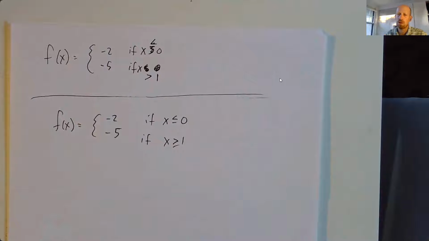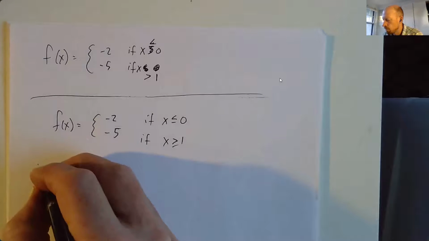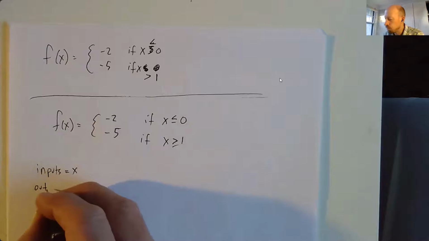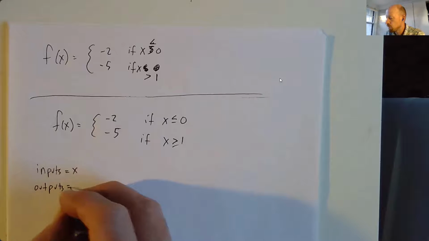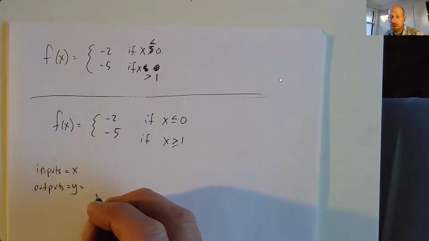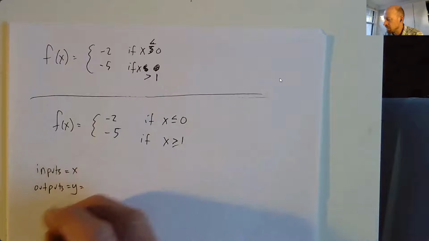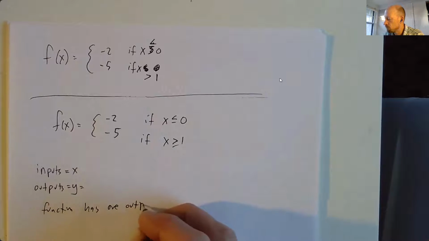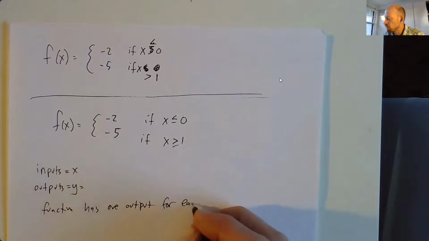So a function, remember, is a relationship between inputs and outputs. The inputs are the x values, and the outputs are the y values. When we have a function, it has one output for each input.